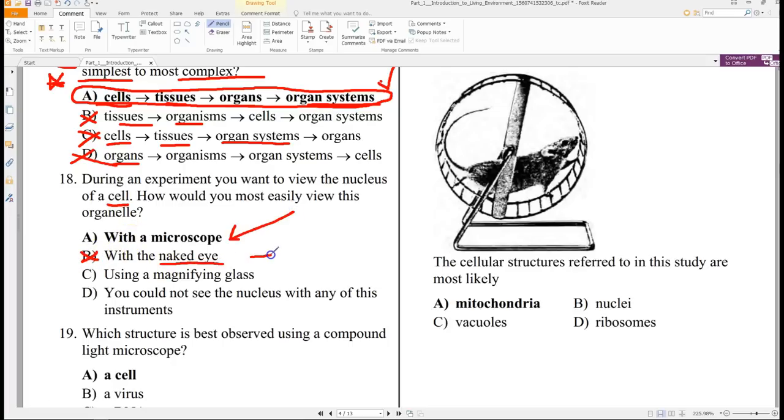The naked eye means just with your eyeballs, just your regular eyes. Nope, you cannot see a cell. This is my attempt to draw a cell. So you need a microscope. And when you do see a cell, you can see the cell membrane, the nucleus, cytoplasm.